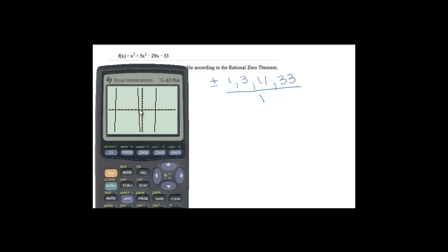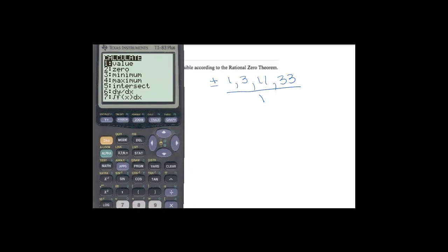And we're looking at -1. So second calc value -1. Enter. And that works. So that is going to be one of my zeros.